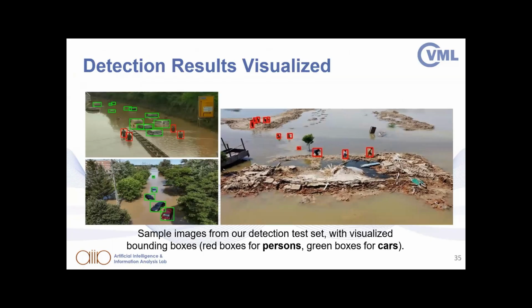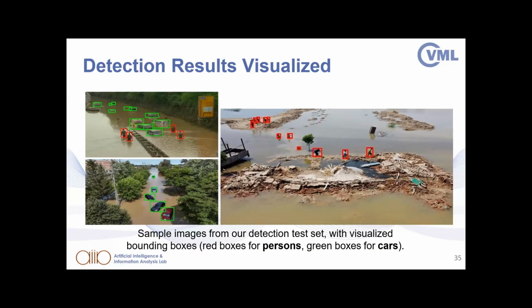And here's another example. The red bounding boxes indicate detected persons, while the green boxes correspond to detected cars. In the top left image, we can see accurate detections along a flooded pathway, where both vehicles and individuals are identified.